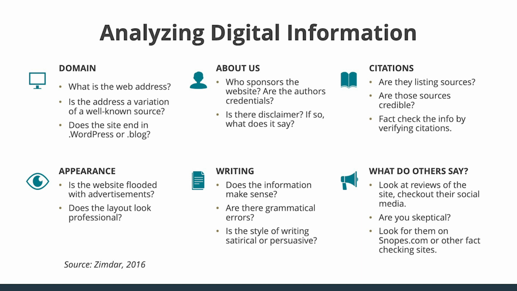Looking specifically at digital information online, there are various areas that you can look. The domain name, just the web address: what is the address for the website? That tells you information. Is it a .gov? Is it a WordPress or a blog? Looking at the address is going to tell you something about that resource and whether it's trustworthy from that starting point.